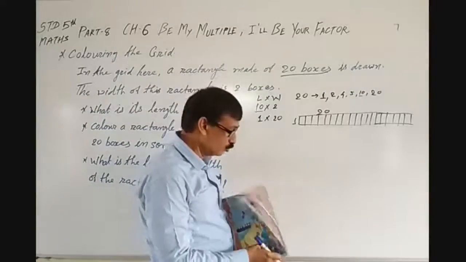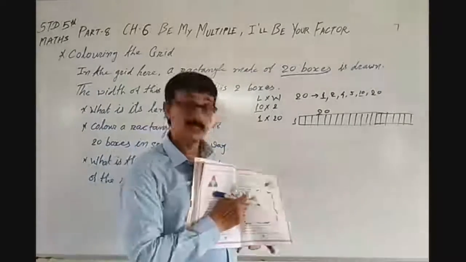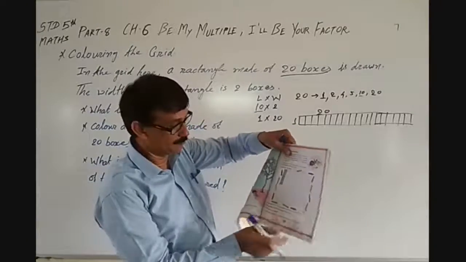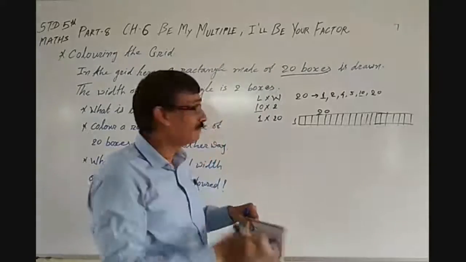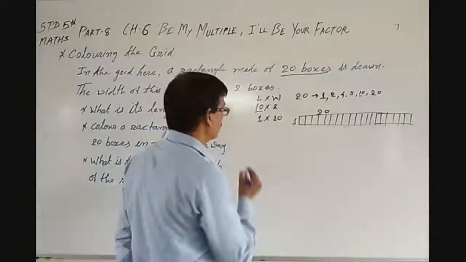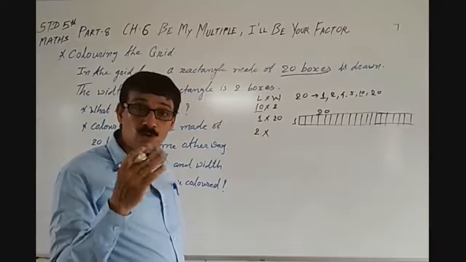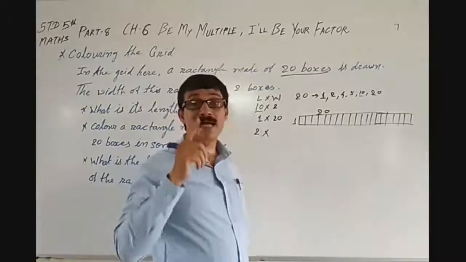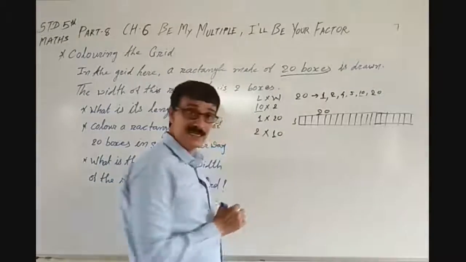Now you will have to draw this rectangle over here, somewhere over here. Then, suppose 2 is the length. Then how to get 20? If we multiply by 10, then 2 tens are 20, isn't it?